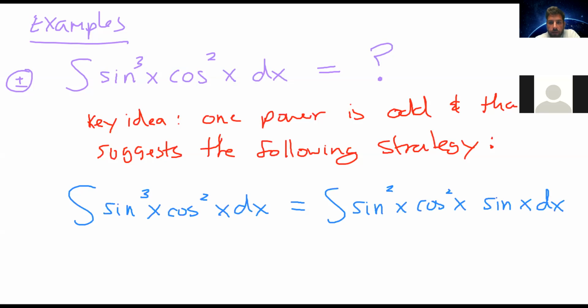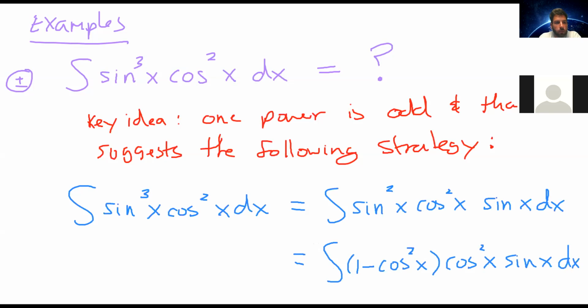So one way that this works, and maybe you have to come at this through trial and error, maybe you don't. One way that will work is you now take your even power of the sine and you replace it with 1 minus cosine squared. I am using the basic trig identity of sine squared plus cosine squared equals 1.